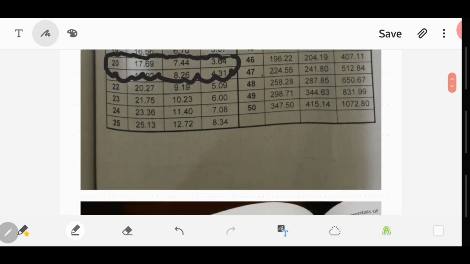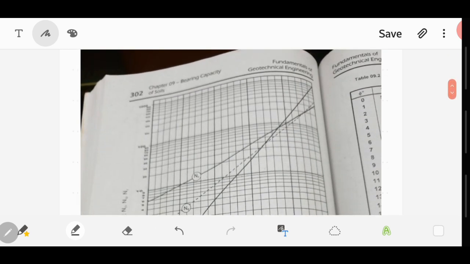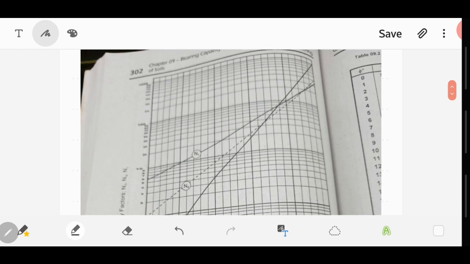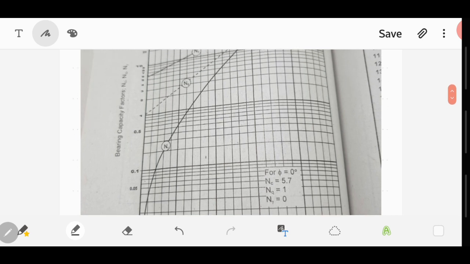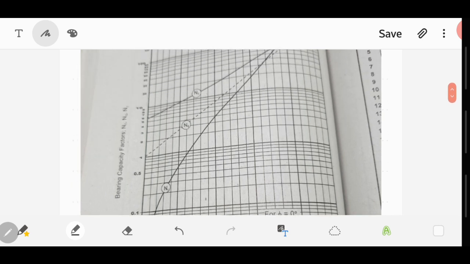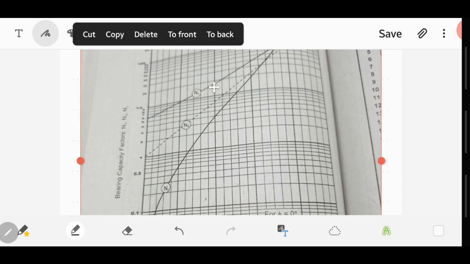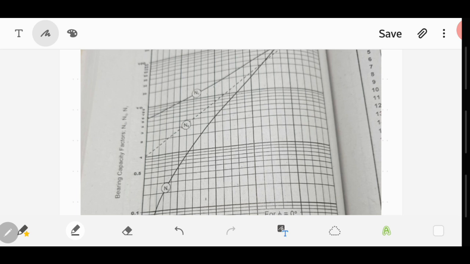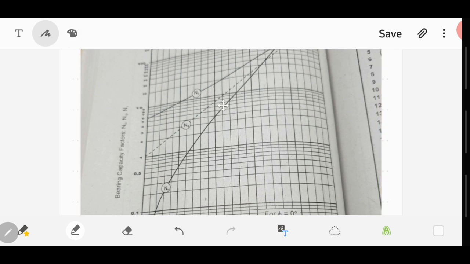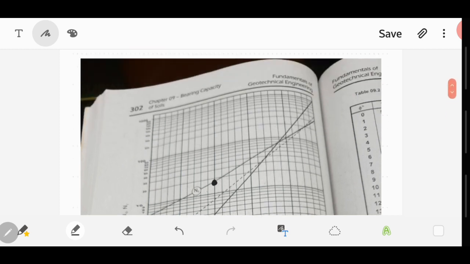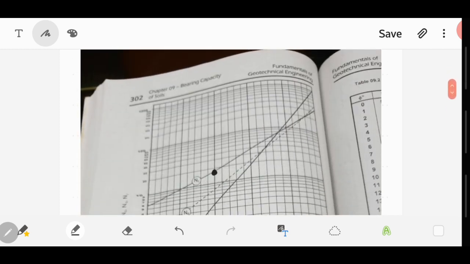So let's try looking at the graph. This is your angle of friction 20. Nc is approximately equal to 17.69.